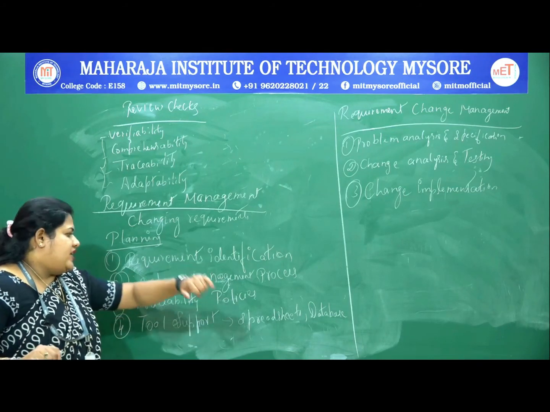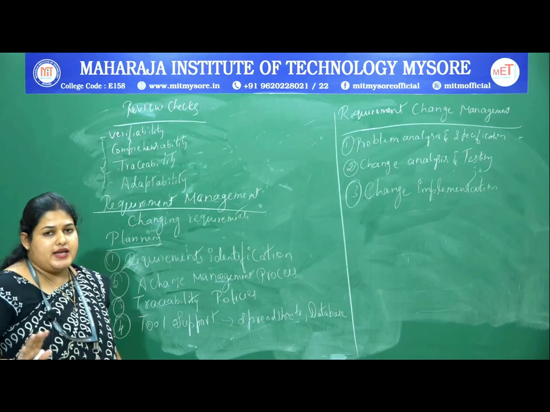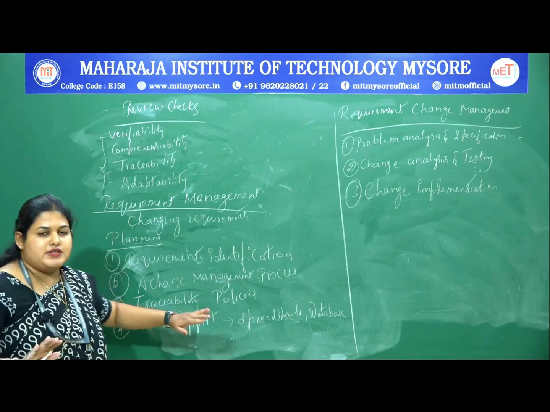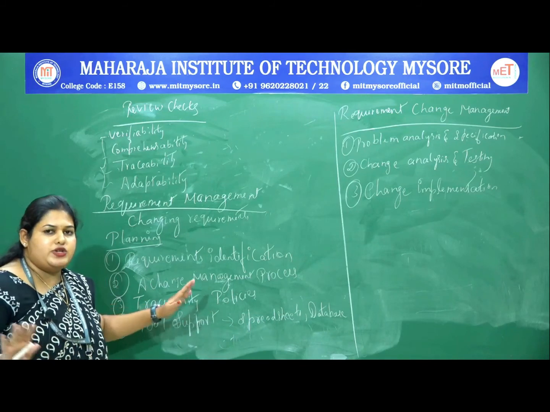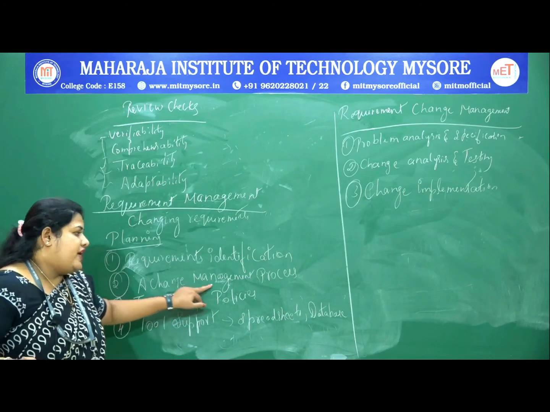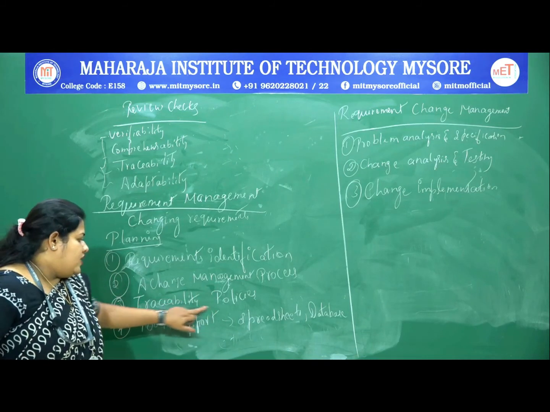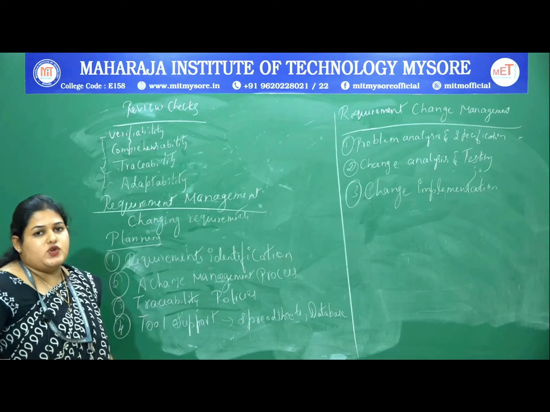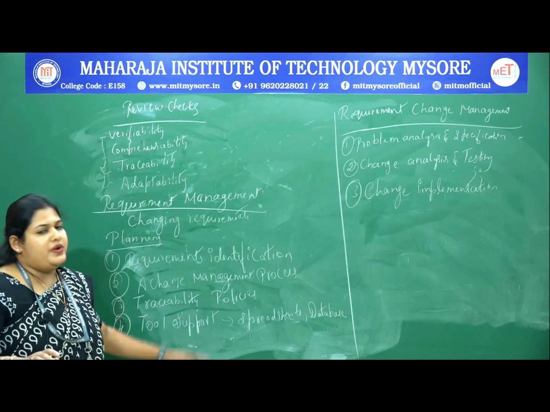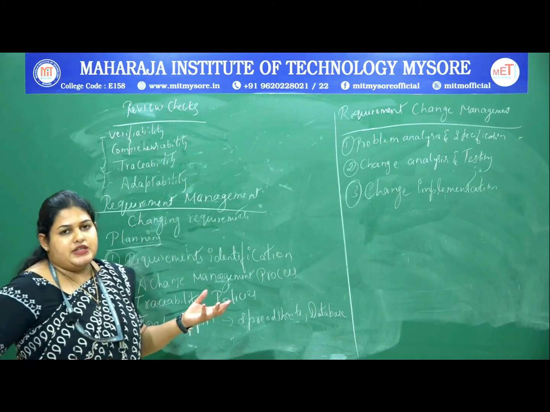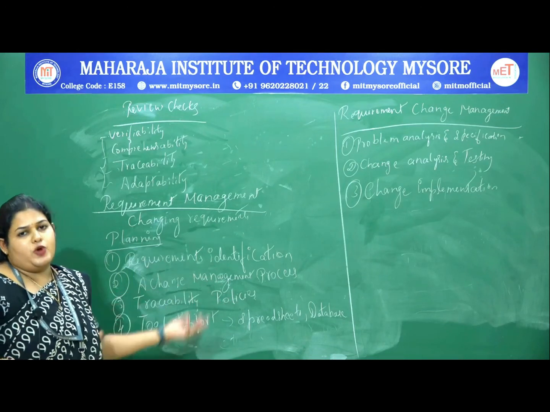Then a change management process. As I said, we do not say this is the 100% requirements, this is completed, I will build the product. No, it should also be ready for changes in the processes. Then traceability policies, that is why we are documenting. Very first, the software was just coding, building the required model and deploying it.